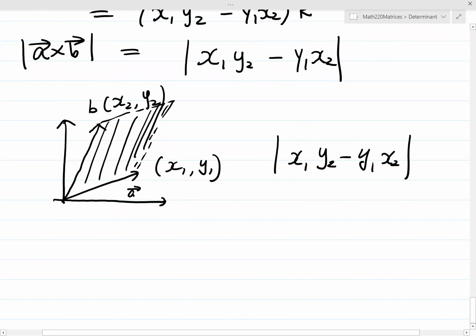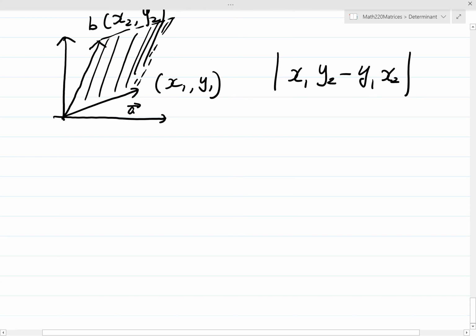Now we can actually extend this to 3-dimensional vectors. We determined the case with 2 variables. Now if we have 3 variables, this is more complicated: A is x1, y1, z1 and B is x2, y2, z2.